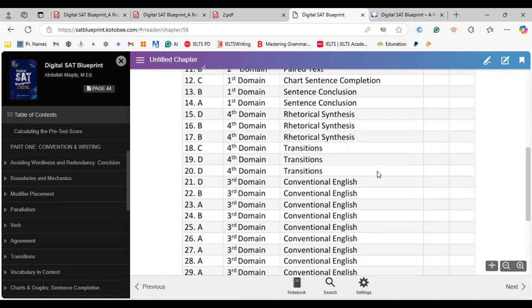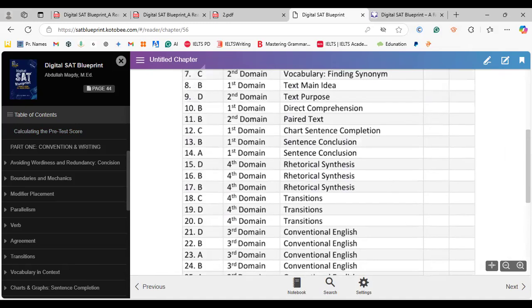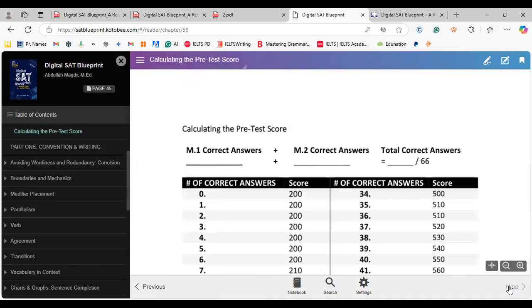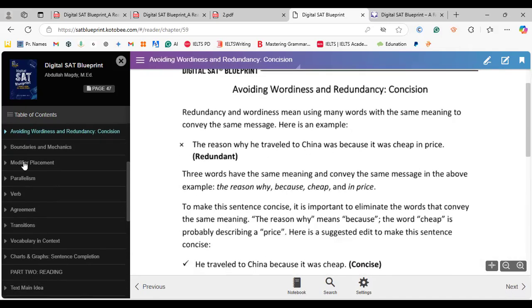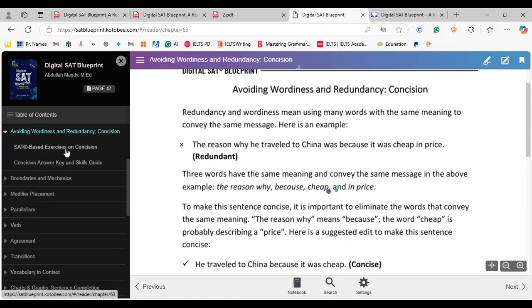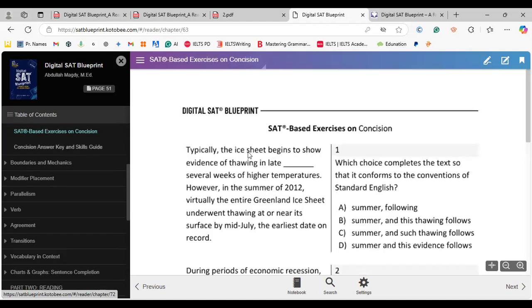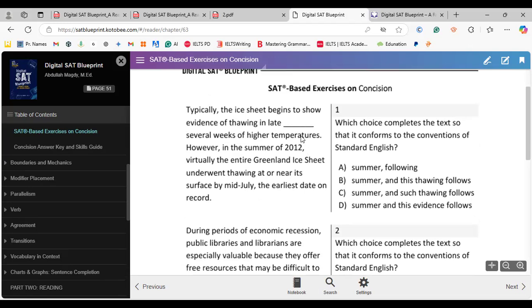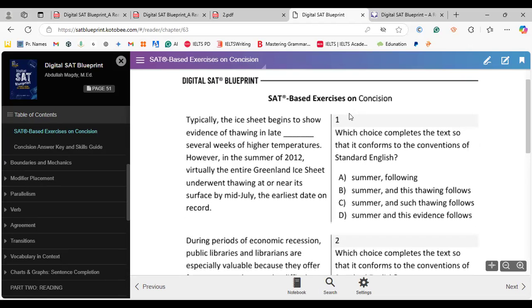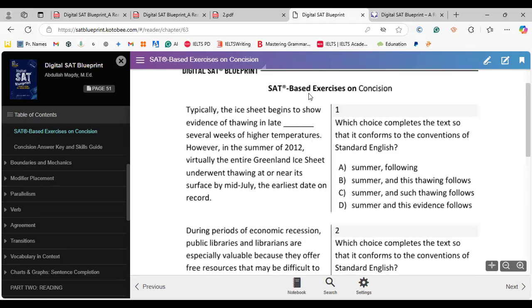The pre-test covers all the domains that you need to excel in. After that, we have chapter by chapter, and every chapter has SAT-based exercises. These are the questions on the first chapter, which is concession, and all the questions are on that skill only.